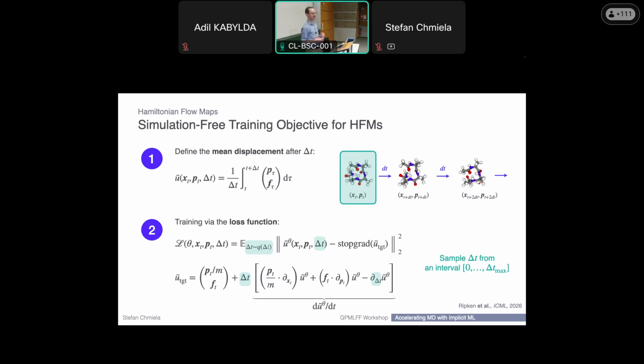So there's going to be some inaccuracies in that regard. In the long term, a possible way to fix this is to use a recent development called stochastic flow maps, which could in principle incorporate the thermostat into this model, but currently we're limited by applying the thermostat from the outside.